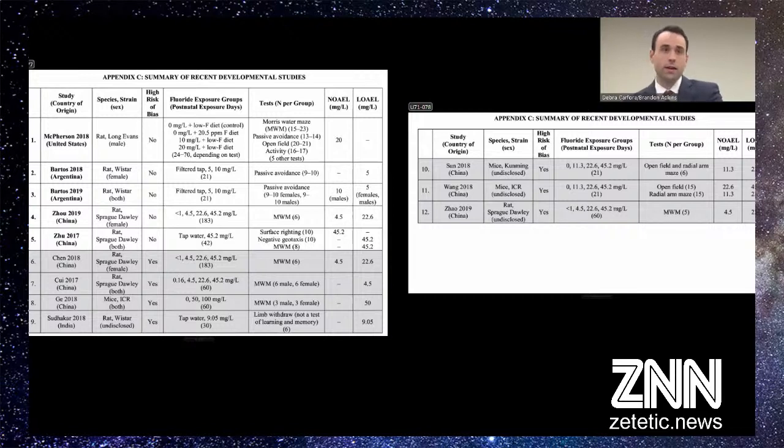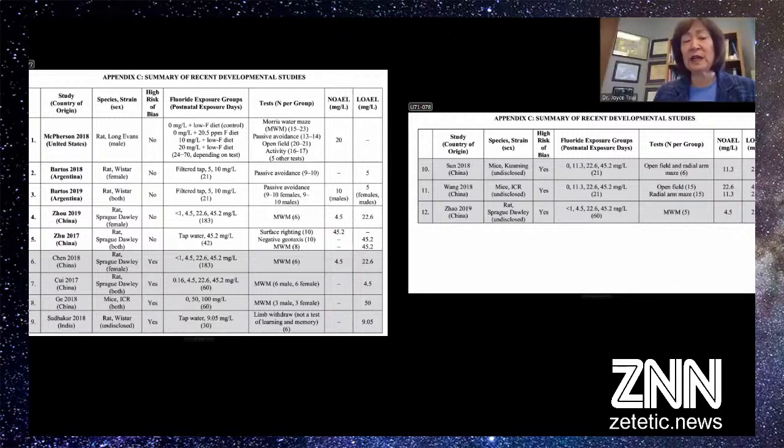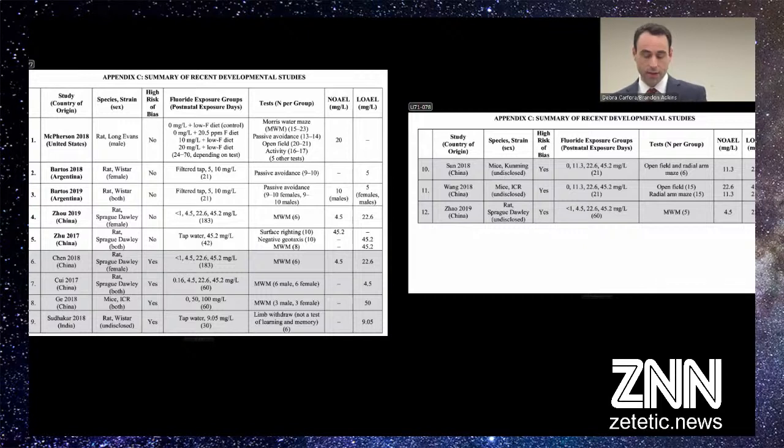What is the relevancy of this error in NTP's calculation with respect to the equivalency to human doses of fluoride? Well, the doses they used in rodents are certainly much higher than what people are currently being exposed to in communities. How many tests did McPherson 2018 perform?